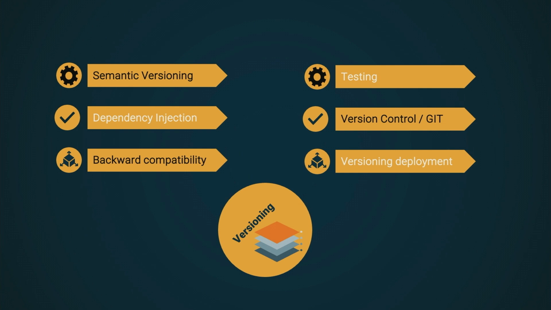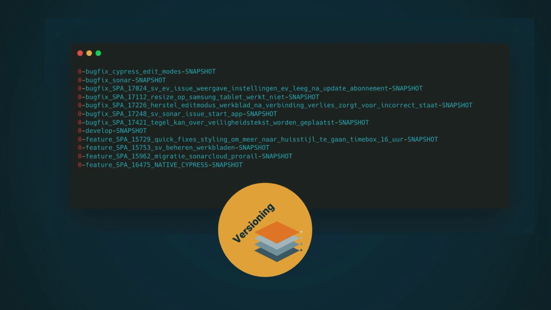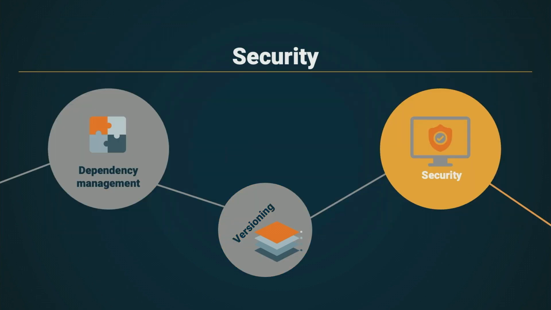Backward compatible testing and version control are interesting, of course. Let's see how we do versioning in our application. We have a lot of versions of micro frontends, and we give each the same name as our repository name. So this is our static application, which is running on the static server.